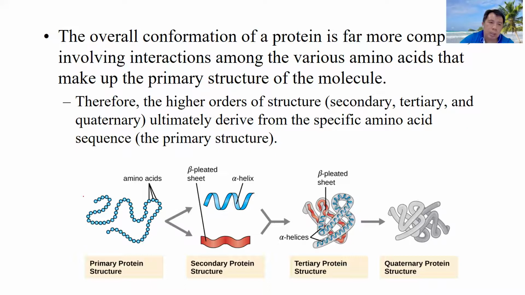Here they only show the primary structure, but the conformation of a protein can be shown as tertiary or quaternary structure, involving interactions among the various amino acids that make up the primary structure. So the higher orders of structure, secondary, tertiary, and quaternary, ultimately derive from the specific amino acid sequence, which is the primary structure.